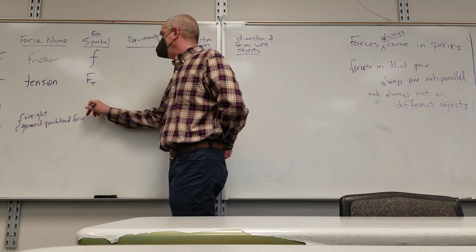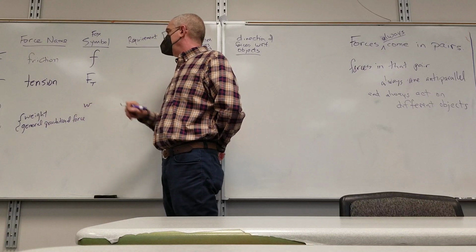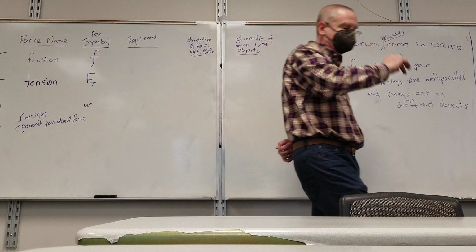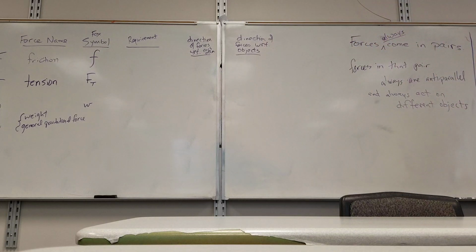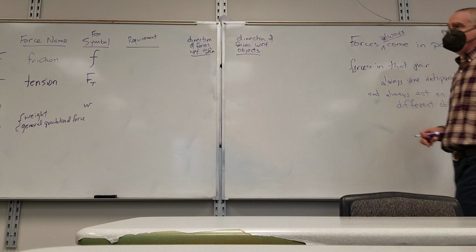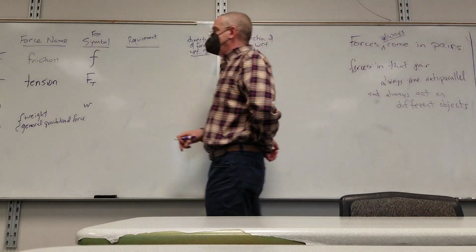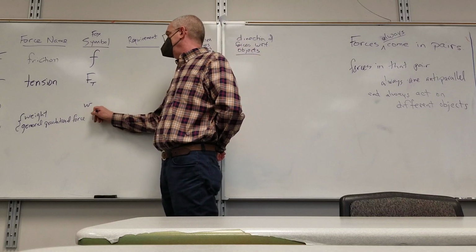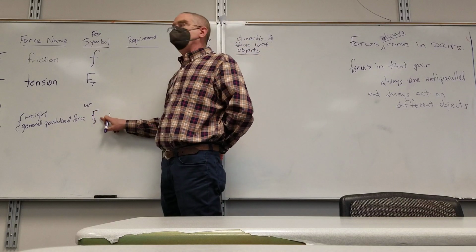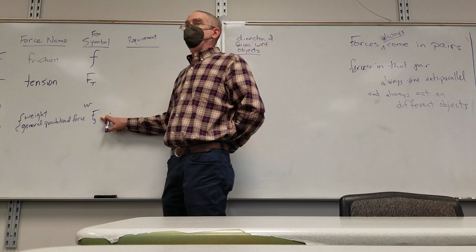The symbol I use for weight is a lowercase w. I put the little serif there at the end that indicated sort of a lowercase w. Capital W is used later for work, and it's helpful not to be using capital W now. The general gravitational force would be F sub G. We will get into that in chapter 9.